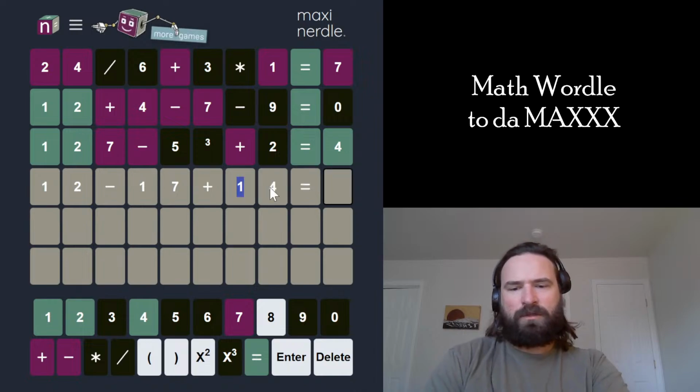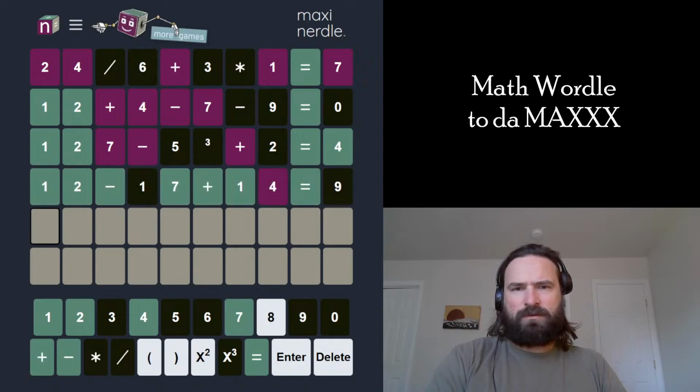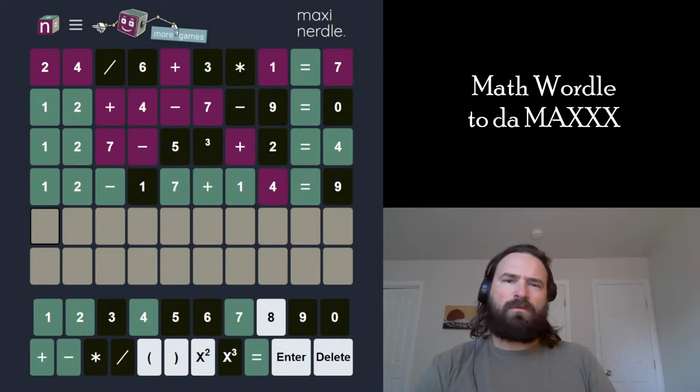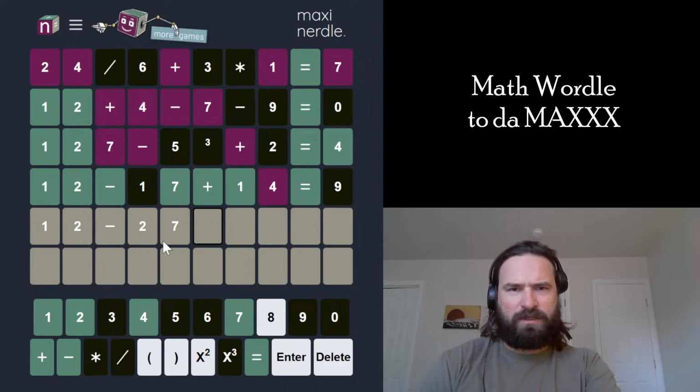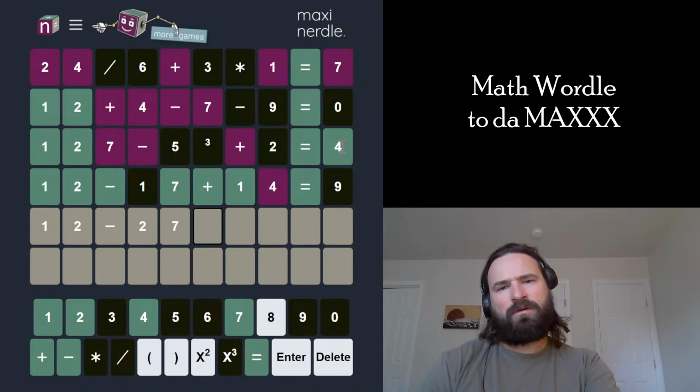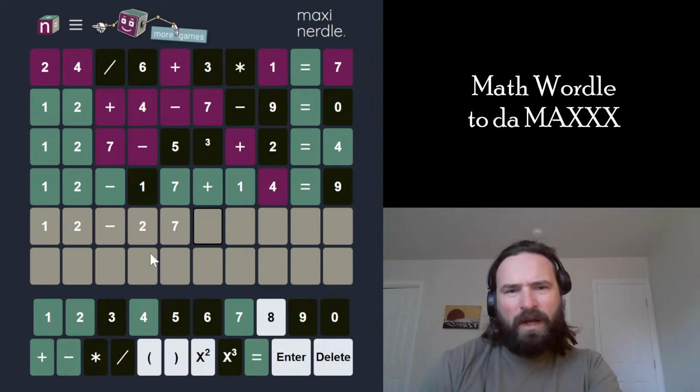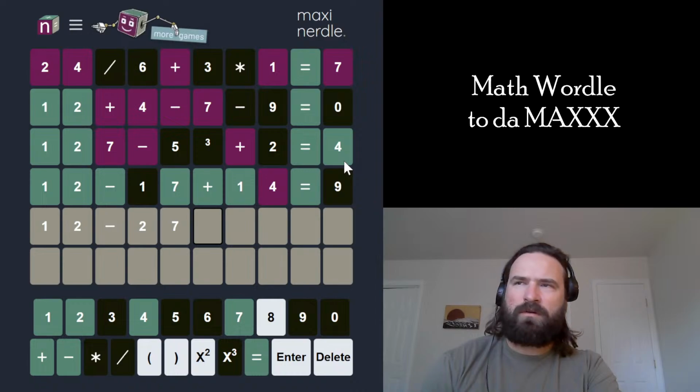I don't know what to do. I think this is fine. What? So minus 27 is what this has to be now. No, there's no other number that can go there and keep it reasonable. So 12 minus 27 is negative 15 plus 17 equals 2. No, I have to make it equal 4. Wait, what? Minus? So this is minus 15, right? So to make it equal 4, it has to be 19.